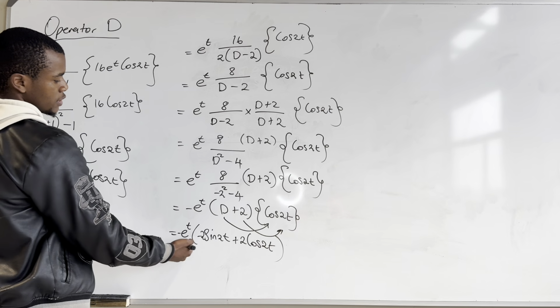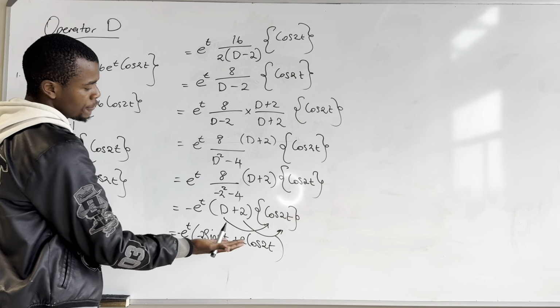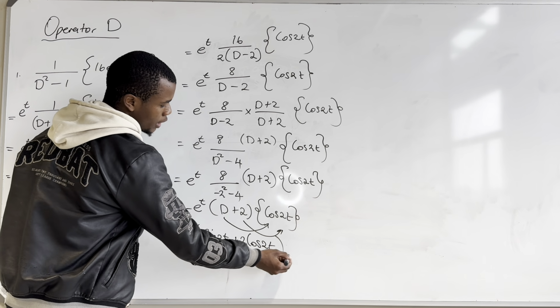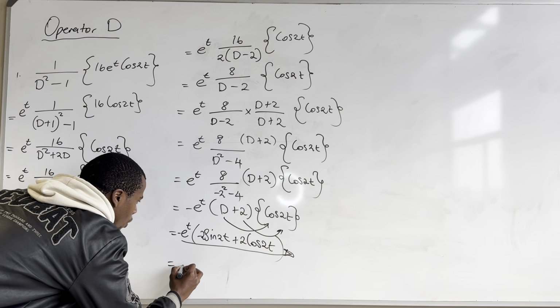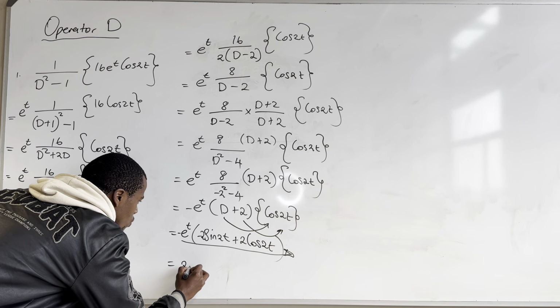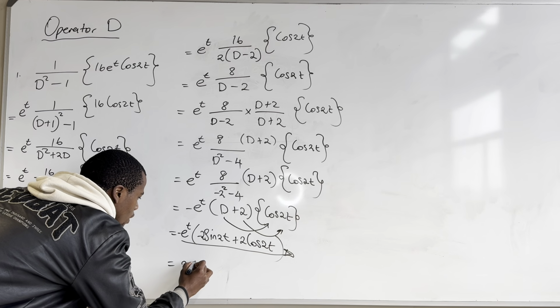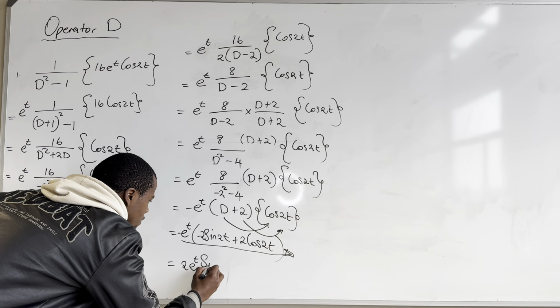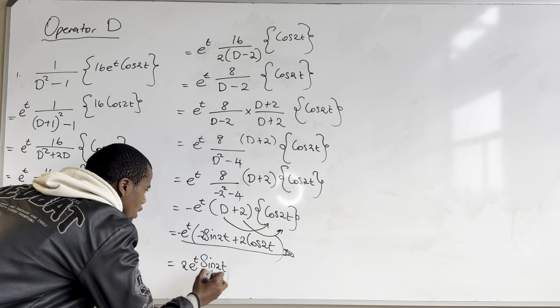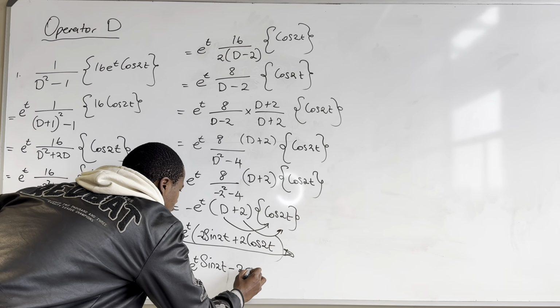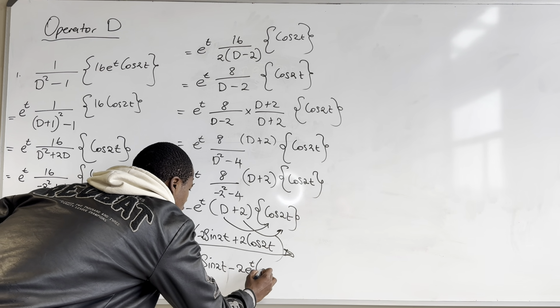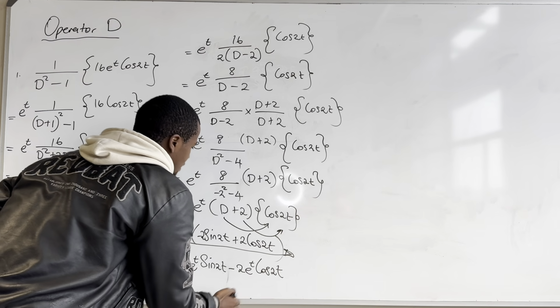But this negative e to the t won't have any effect, so anyone can just end here, or you can just continue and say, oh, you will have a 2 e to the power of t, and we have a sine 2t, and then we have minus 2 e to the power of t, and we have a cos 2t, but there is no need.